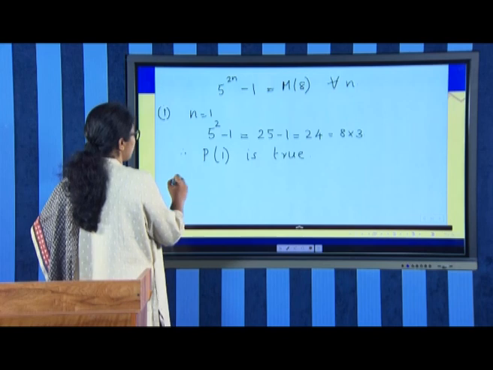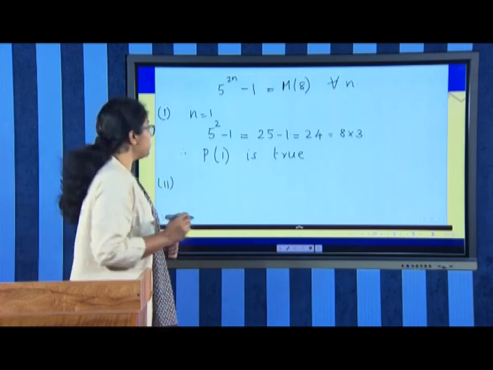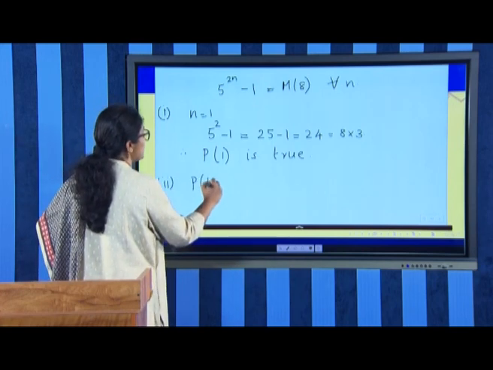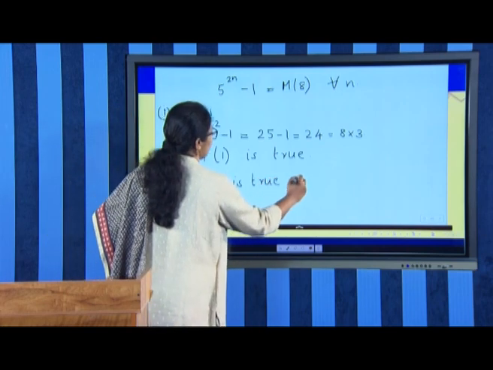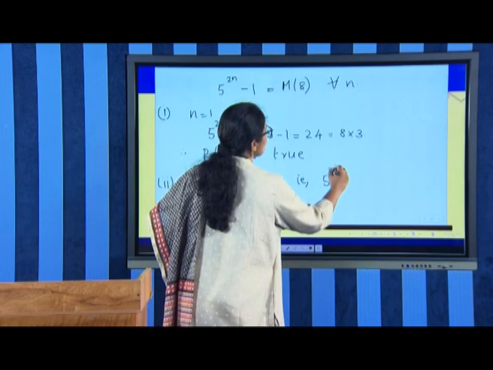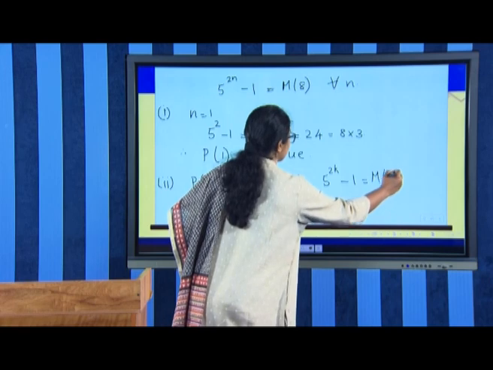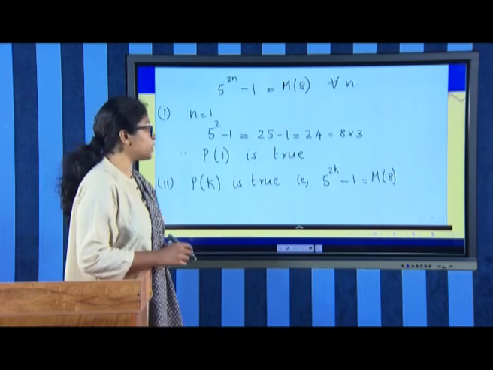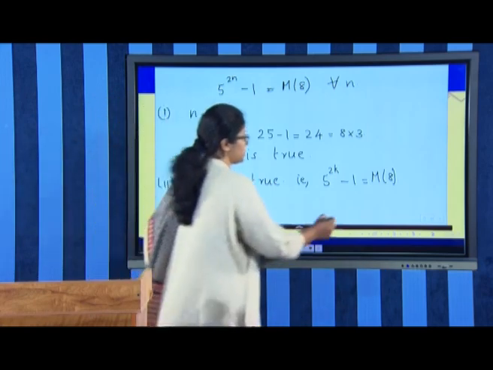Now consider or assume the second hypothetical condition for mathematical induction. We assume that P of k is true. That is, 5 power 2k minus 1 is a multiple of 8. Now, we have to establish that 5 power 2 into k plus 1 minus 1 is also a multiple of 8.